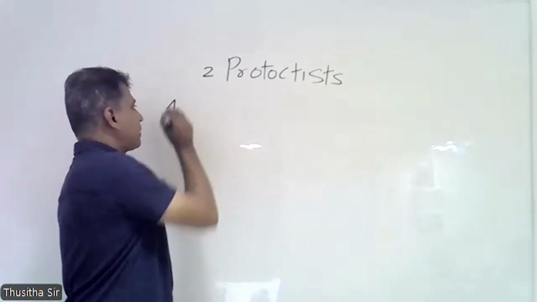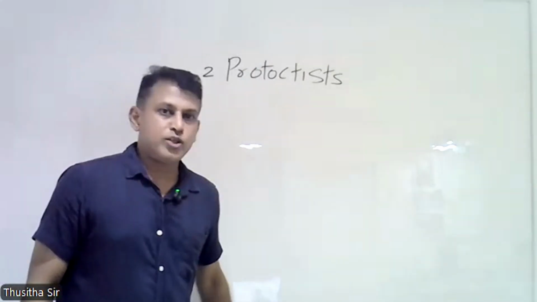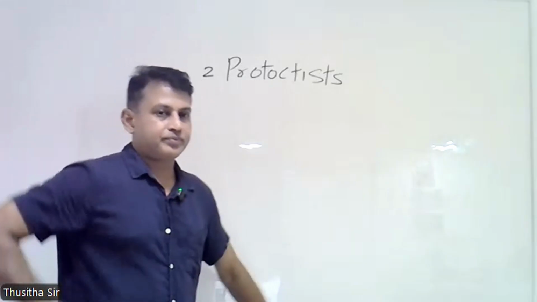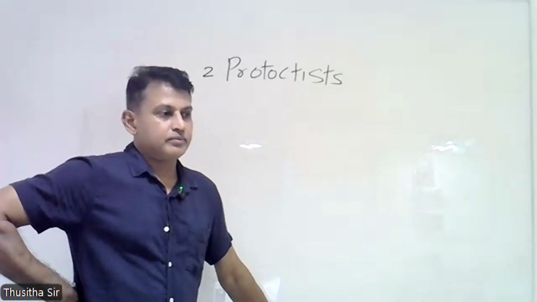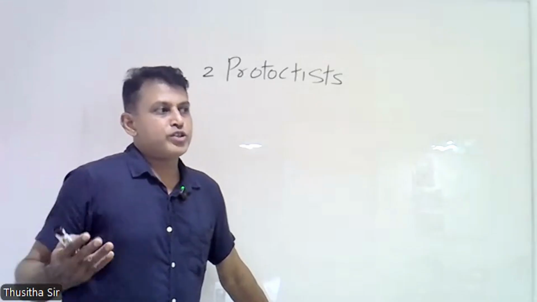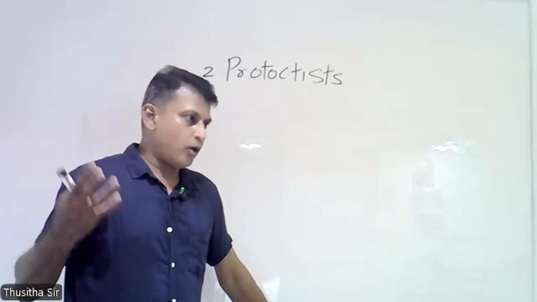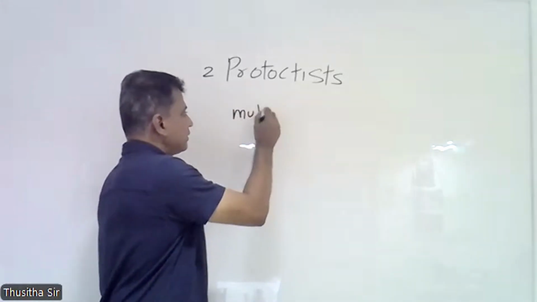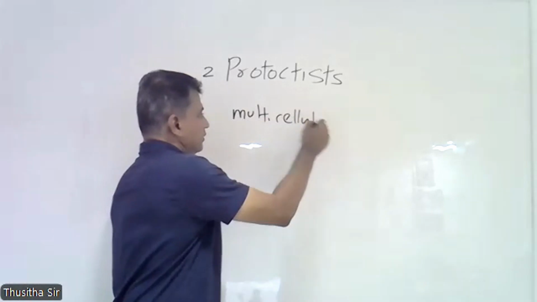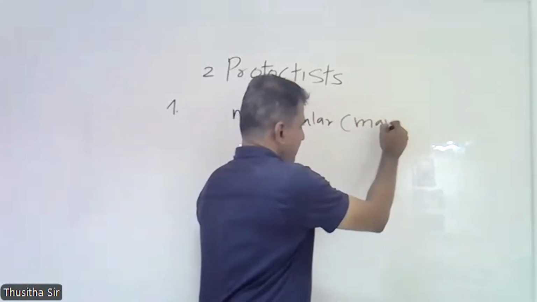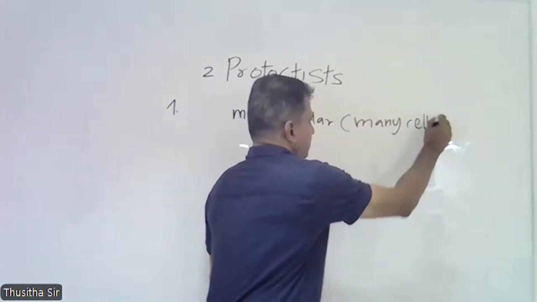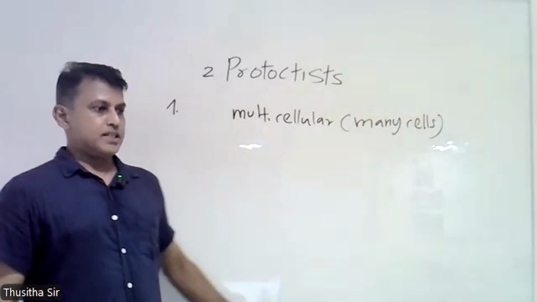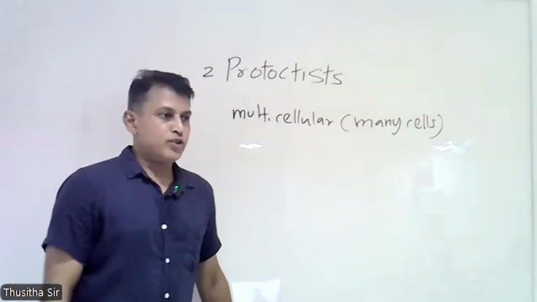Point number 1: they are unicellular. Now you know unicellular, one cell, right? Or multicellular. Multicellular means many cells. Unicellular or multicellular.